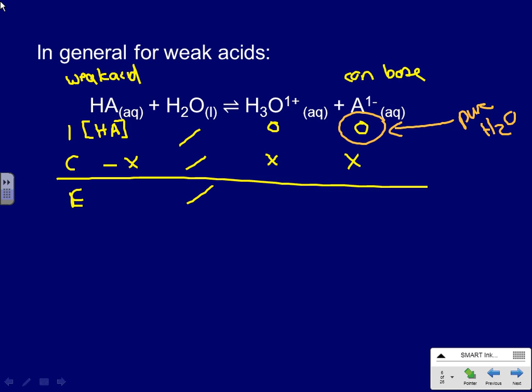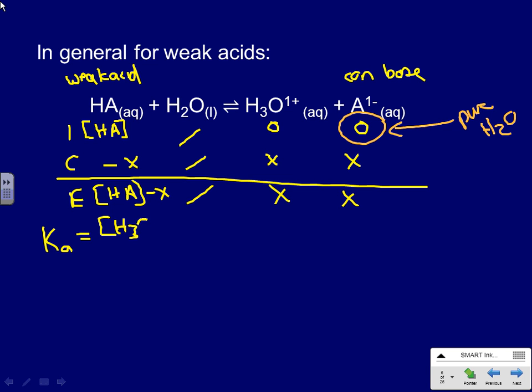Okay, so finishing off our ice table. HA minus X, X, X. Ka. I failed to write this last time, so I'm going to make sure I do it with this derivation. Let's write it out completely.